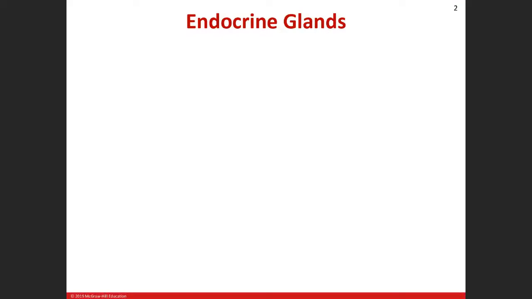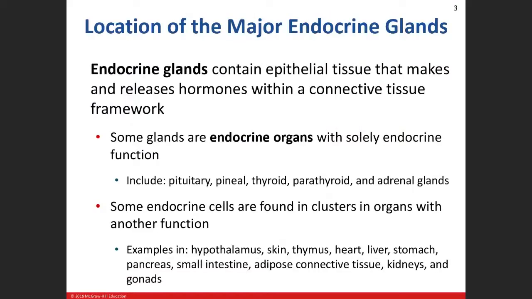So let's talk about our endocrine glands. Now this slide should look familiar to you because we talked about it in lecture. Just a quick review. When we're dealing with the location of some of these glands, first of all, what tissue makes up an endocrine gland? Epithelial tissue, that is going to have connective tissue involvement, mainly for the framework, or what we call the stroma.